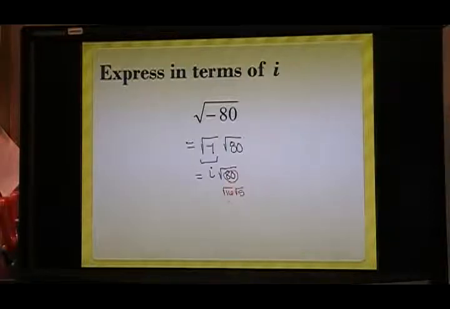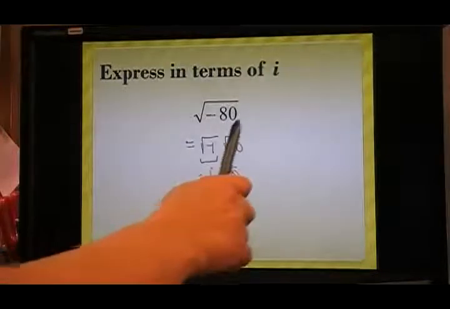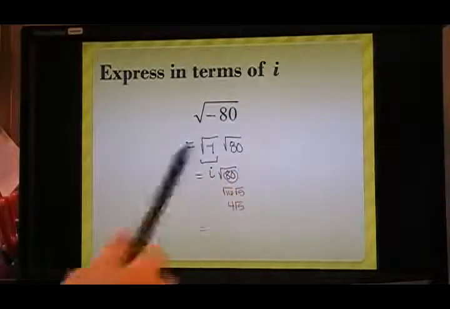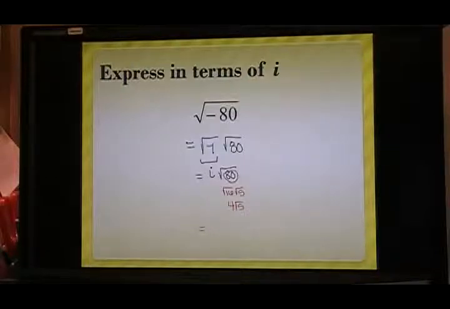Square root of 16 is 4, so that would be 4 root 5. So putting it all together, the square root of -80, don't forget we have this i here, we write that typically as 4i root 5.